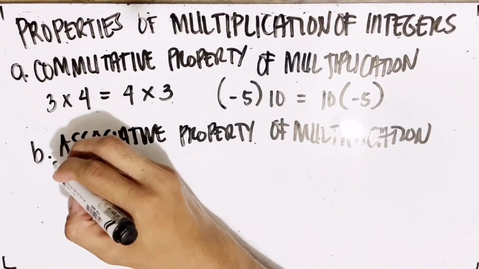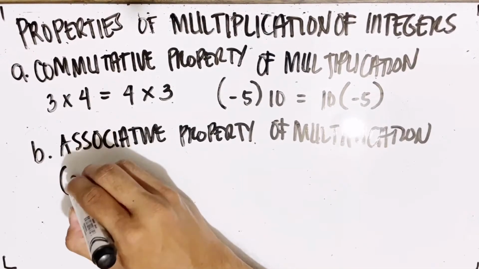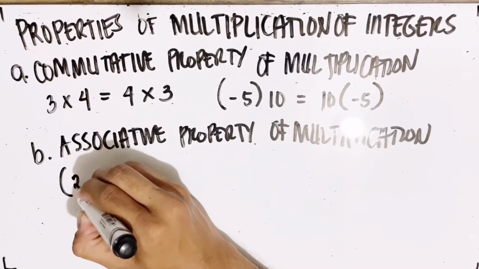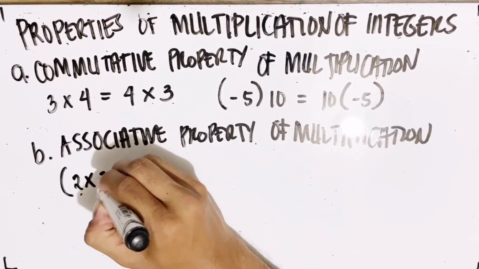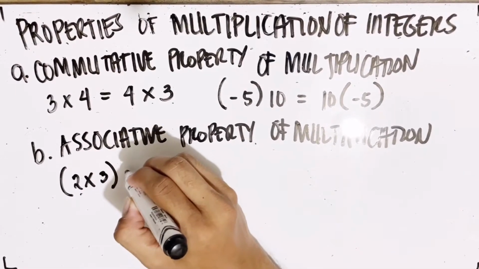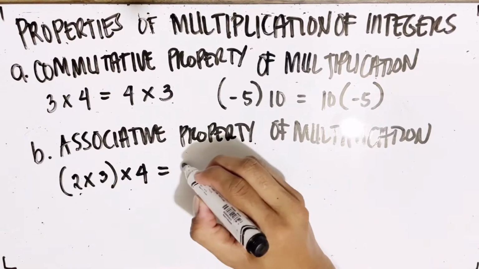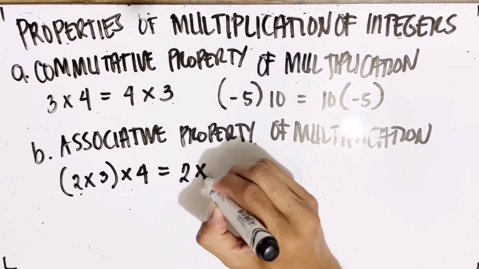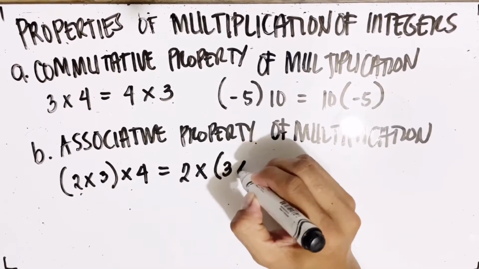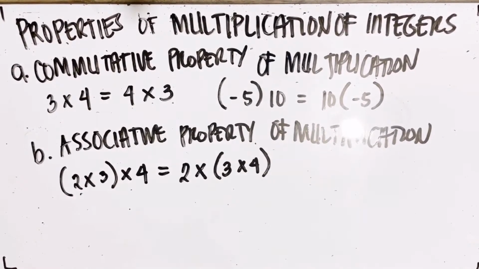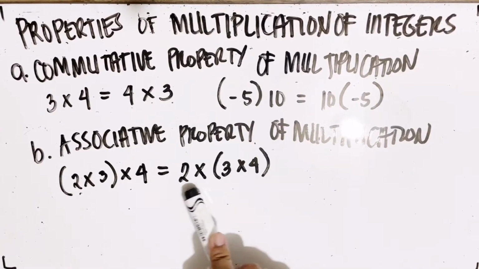Example, we have 2 times 3 times 4 is equal to 2 times 3 times 4. Why? Because the result here will be equal with the result here.